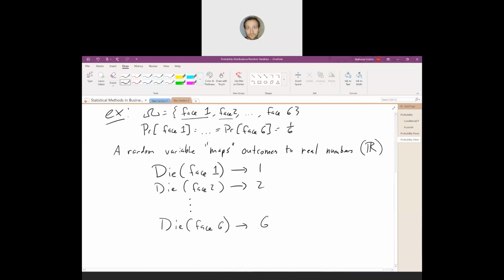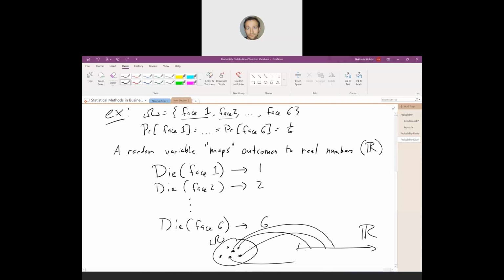Okay, so it takes a set. This is a world, and this is a set. These are elements of the set. These dots are elements. And the set of real numbers, and it maps them. 1, 2, 3, 4, 5, 6.